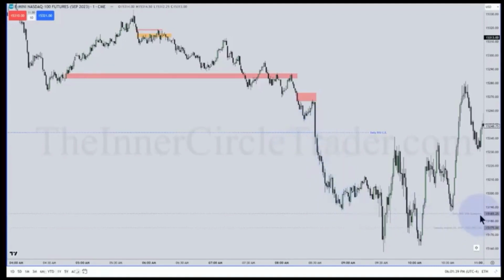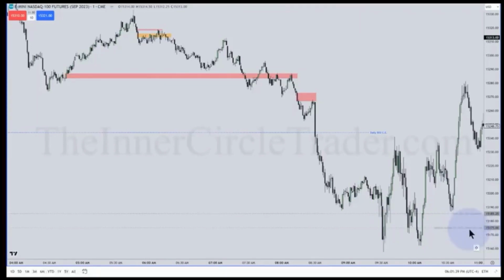At that level, you want to take a partial, and then if you can get down to another discount array, which was in close proximity, only 10 handles away, which was that hourly buy side imbalance sell side inefficiency low on this date and time on your hourly chart. So that's why it's annotated that way. You can go back and look at it when you're in charts.